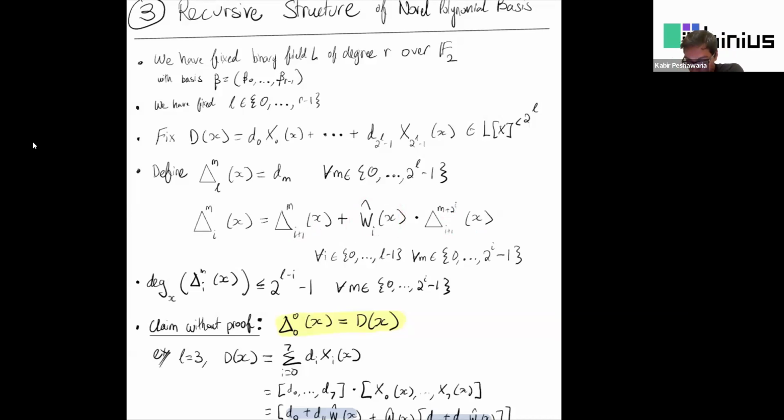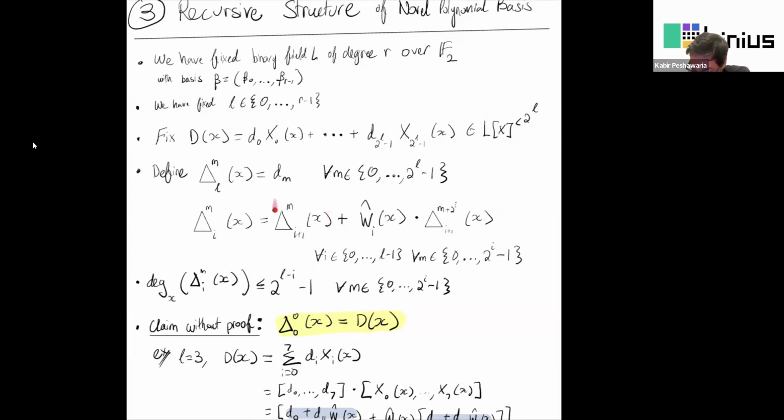Okay, so we have this lemma that the degree of delta mi of x is at most 2 to the l minus I minus 1. Why is that true? Well, when I is equal to L, this value is equal to 0, and the degree of this is indeed 0. Then as we bump I down by 1, what happens to the degree?